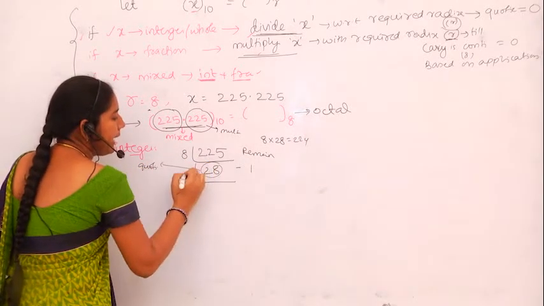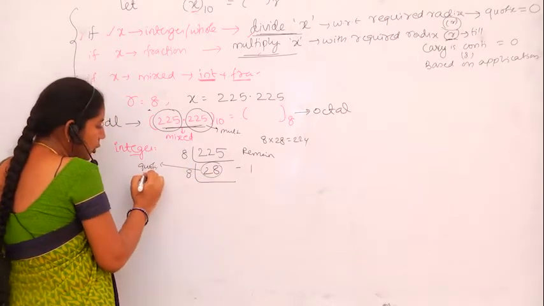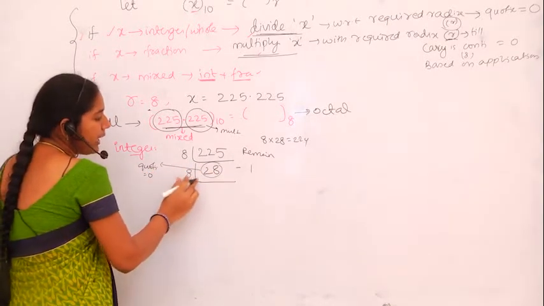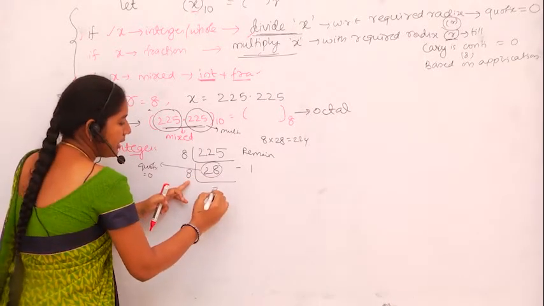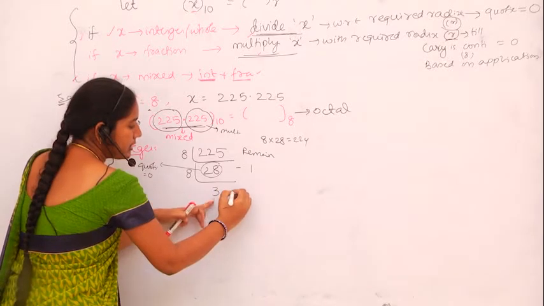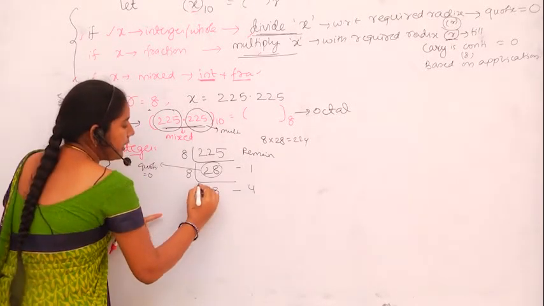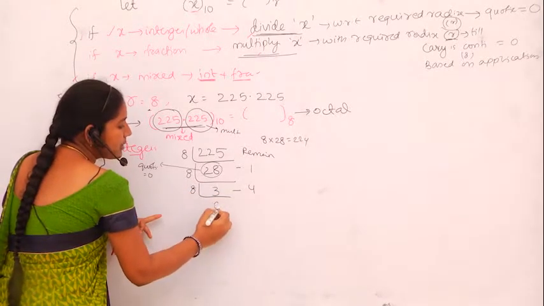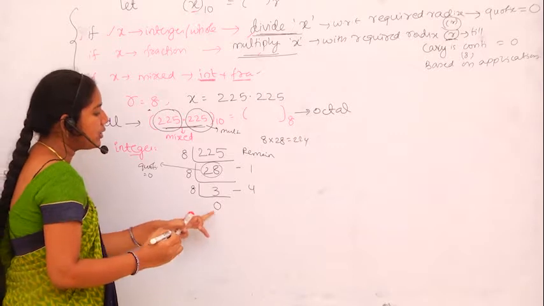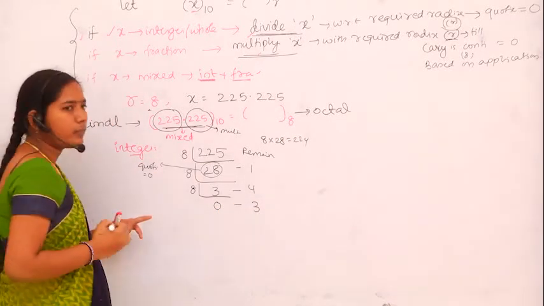Again divide this quotient with 8. We need to do this division till the quotient equals 0. So divide 28 with 8, then we'll have 8 3s are 24. This is the quotient value and the remainder is 4. Then we can divide 3 by 8: 8 zeros are 0 and the remainder is 3.